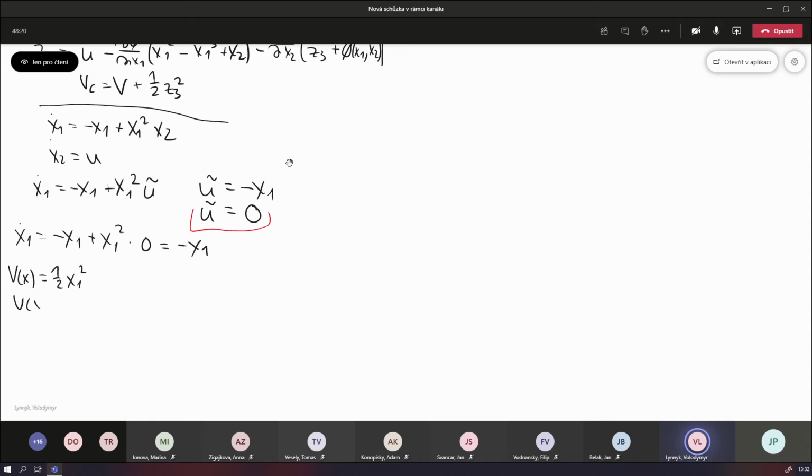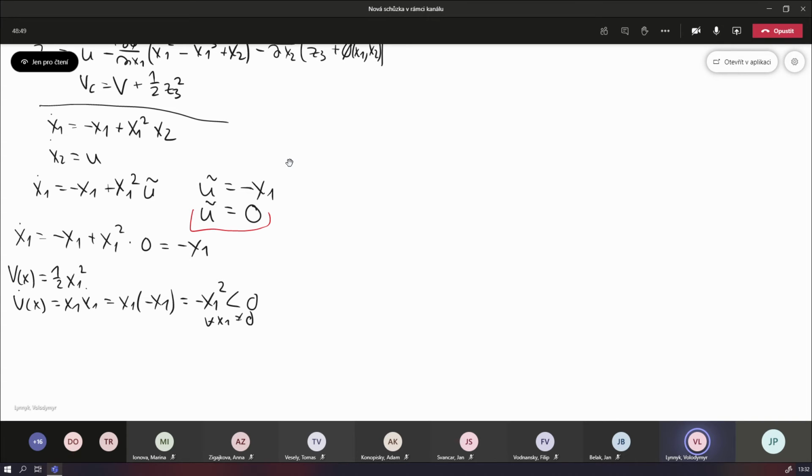V dot of x equal to x1 times x1 dot, and it's equal to x1 times minus x1, equal to minus x1 squared. It's less than 0 for all x1 not equal to 0. Negative definite, and the system is globally asymptotically stable.